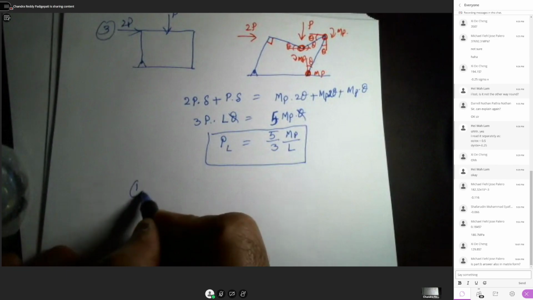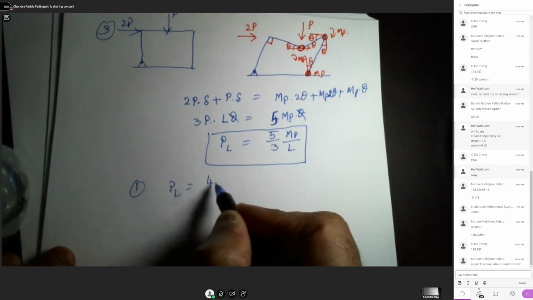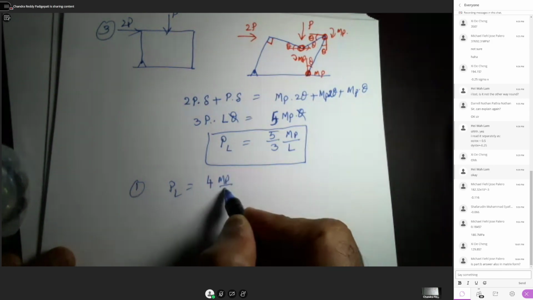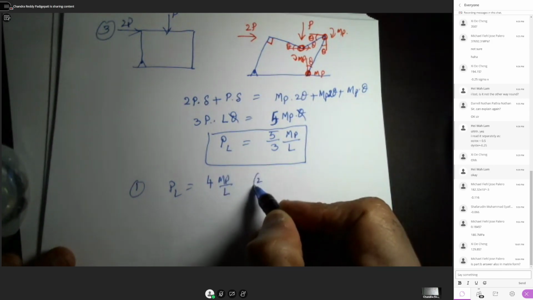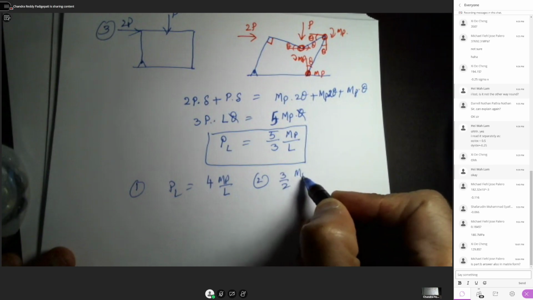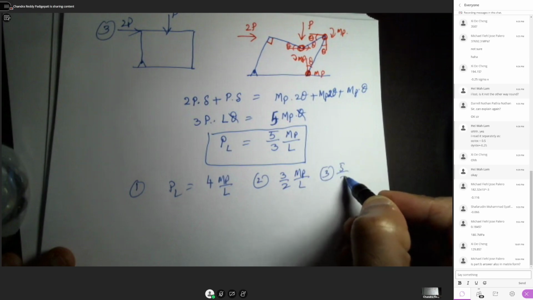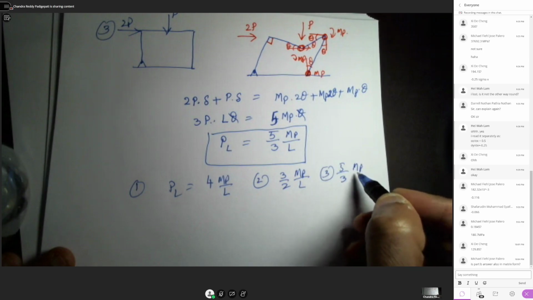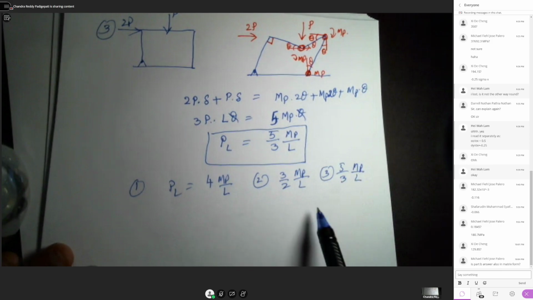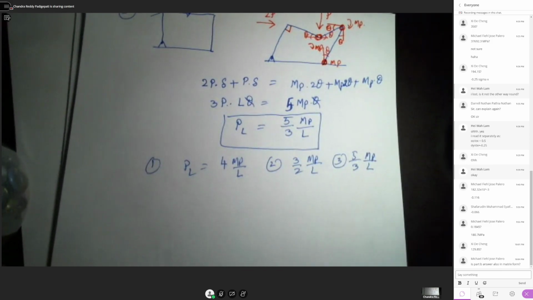So you can see from mode 1, the plastic load is 4 Mp over L. From mode 2, it is 3 by 2 Mp over L. Mode 3, you can see it is 5 by 3 Mp over L. So which is the least among these three? Which mode is giving the lowest plastic load?